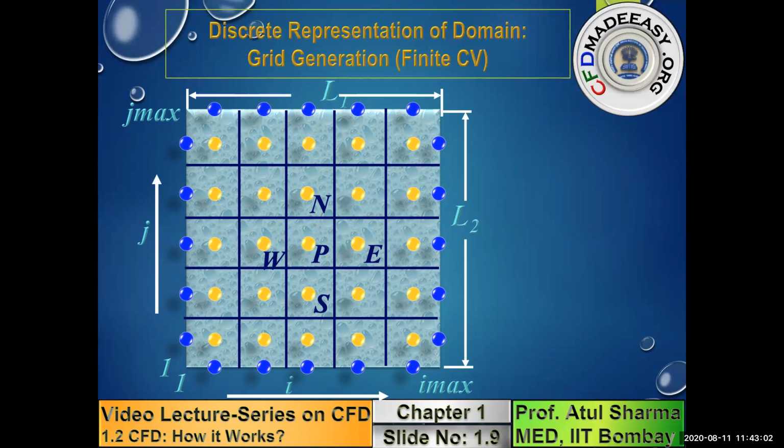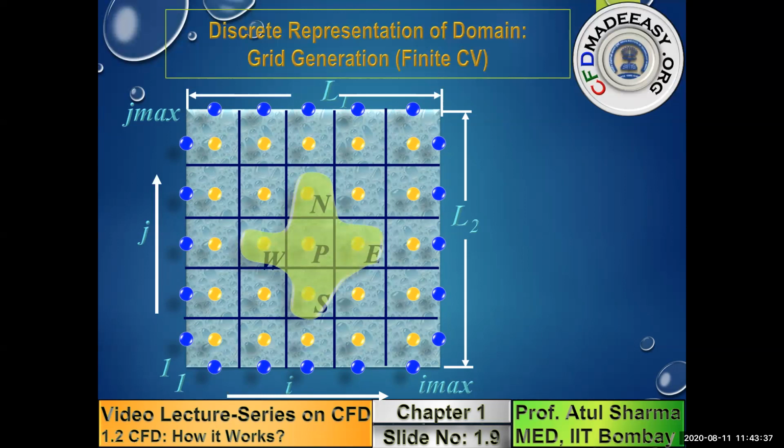The equations are such that if there are 25 yellow pixels or grid points, we generate 25 linear algebraic equations by applying the conservation law to these 25 small control volumes. And in this case, we have 20 blue pixels or grid points, and we obtain the governing linear algebraic equation for these blue grid points from the boundary conditions.